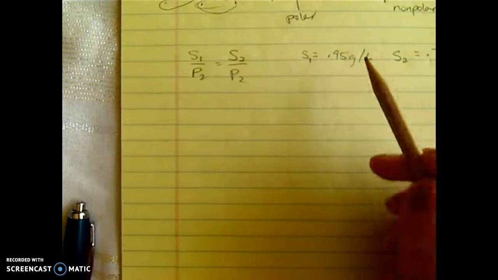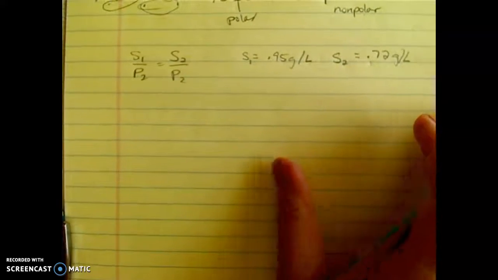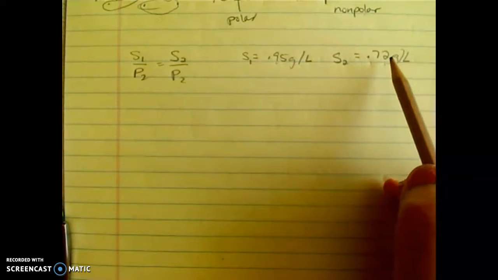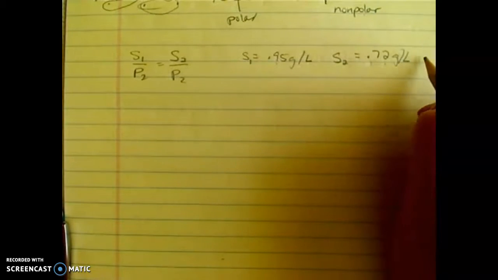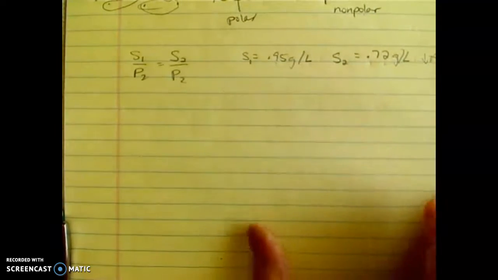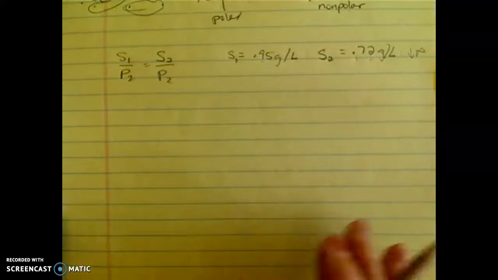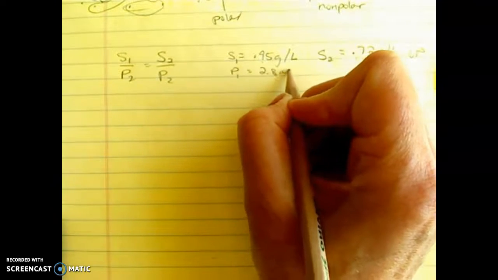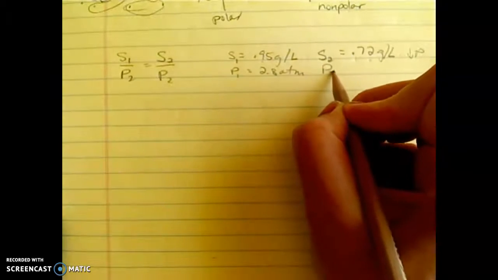You can even talk yourself through this. You should be able to say what is happening. So here the solubility was higher, here it's lower. We always know for gases that that means that your pressure should be lower than your initial pressure. Now it's telling us our initial pressure is 2.8 atmospheres.